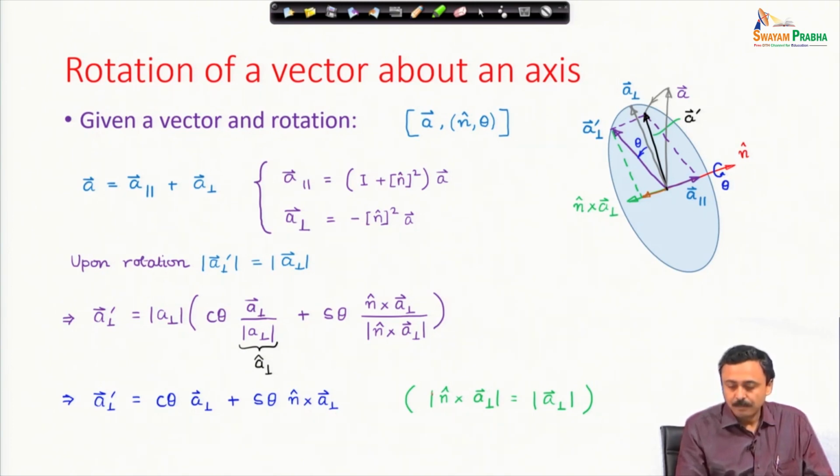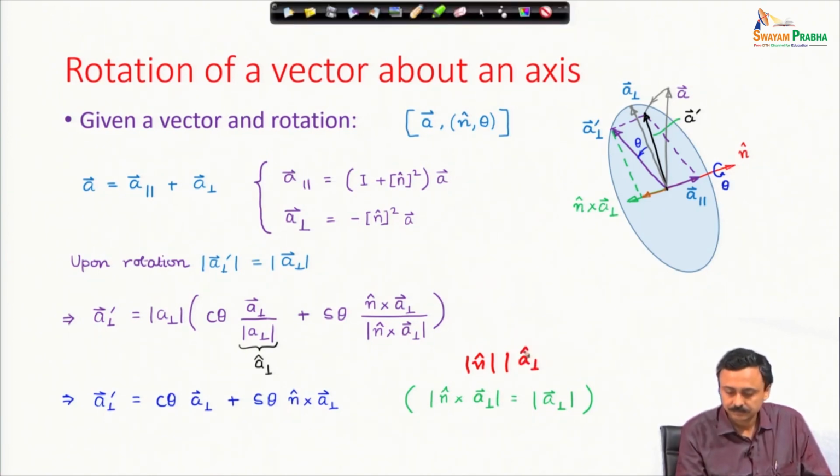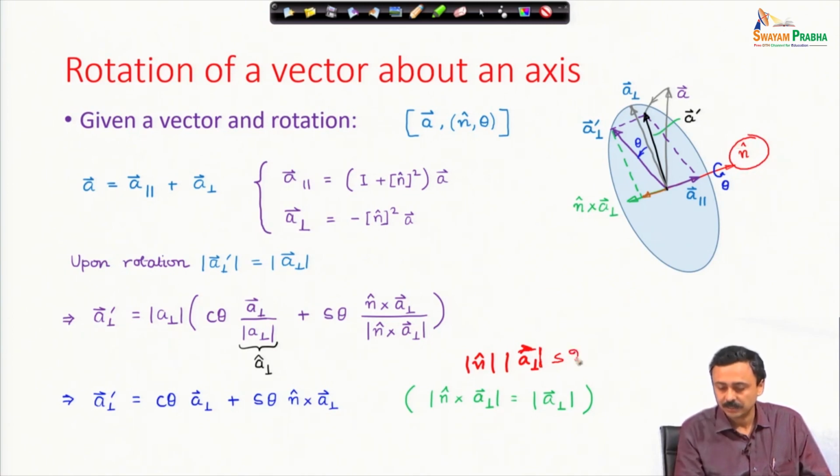You see, what is the magnitude of n cap cross a perpendicular? The magnitude of this must be the magnitude of a perpendicular. Why? Because it is the magnitude of n times magnitude of a perpendicular vector times, because it is cross product, sine of the angle between normal and a perpendicular, which is 90 degree.